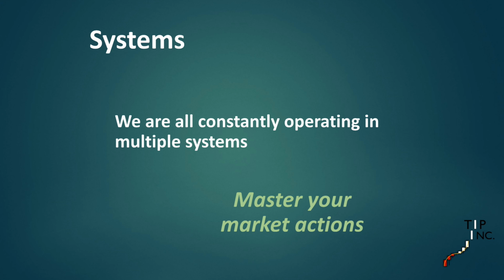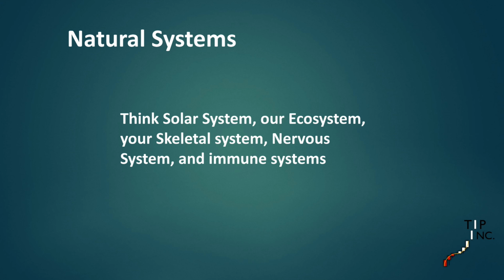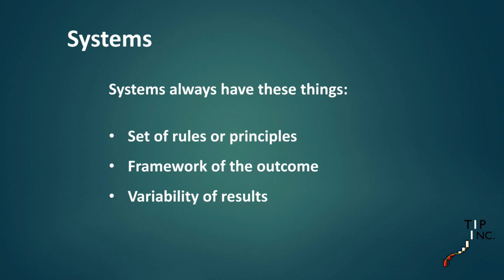Okay? So we're all constantly operating in multiple systems. And you want to think of our solar system, our ecosystem, your skeletal system, your nervous system, and your immune systems. So all of these systems need to be functioning perfectly for you to even live one day, right?